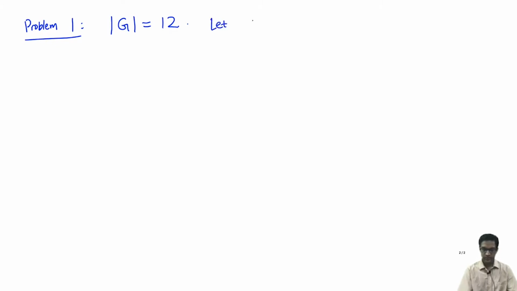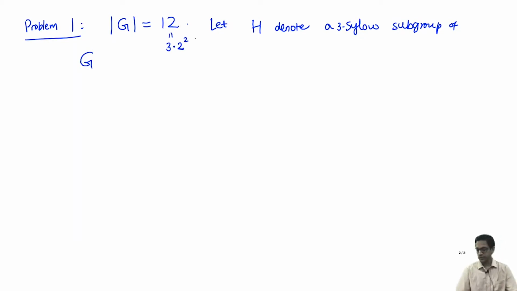So let H denote a 3-Sylow subgroup of G. So 12 of course is 3 into 4, so that's 3 into 2 square, that's the prime factorization. And so by Sylow's theorem we know that there is a 3-Sylow subgroup, which is basically a subgroup whose cardinality is 3 power 1. So pick any such subgroup and call it H.